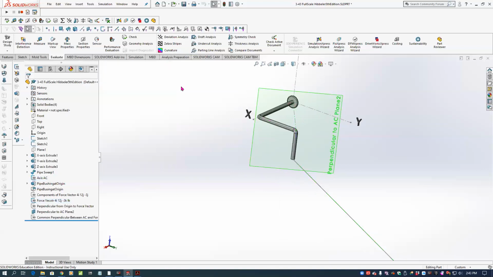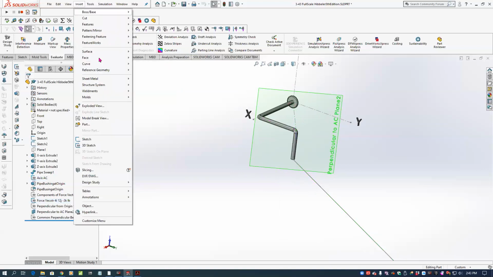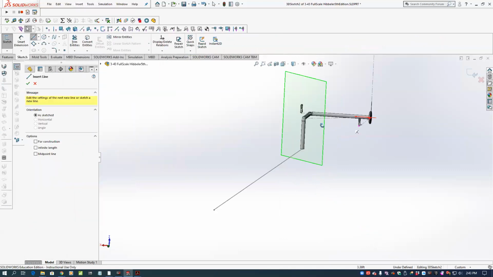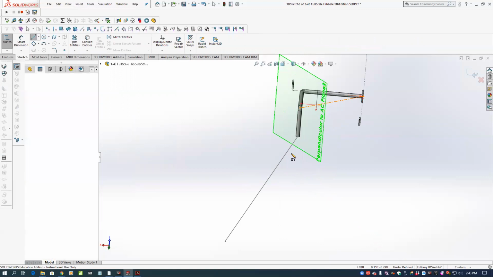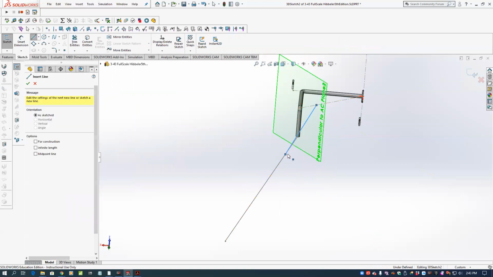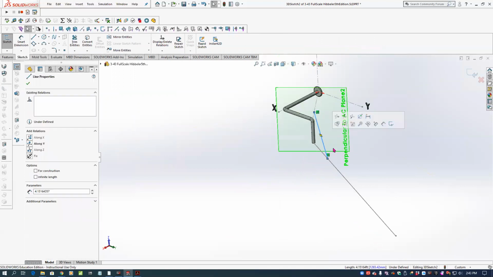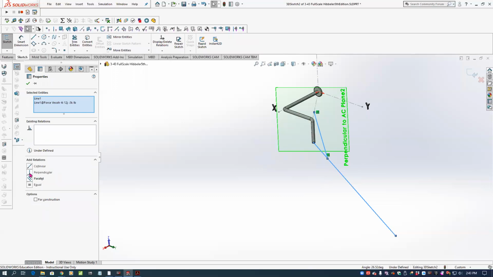Let's actually draw a line in there. We'll insert a 3D sketch, and let's go from AC down here to our force vector. We'll tell the system the line there and our force vector, let's make that perpendicular.